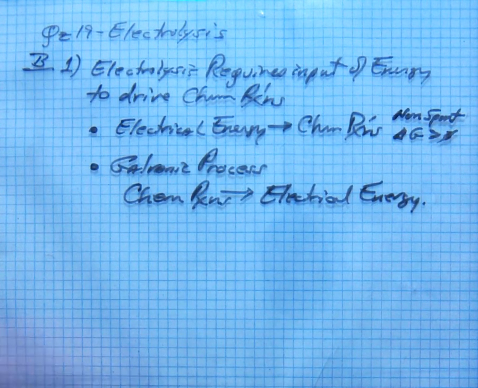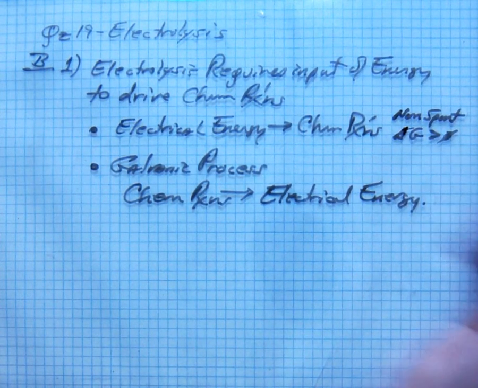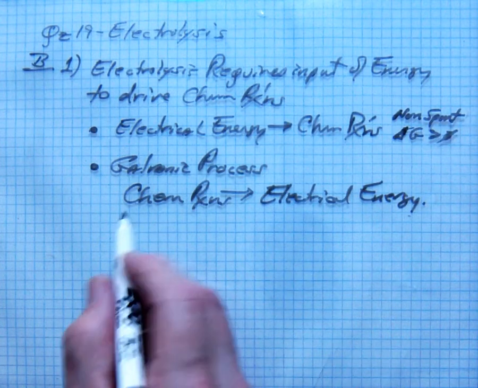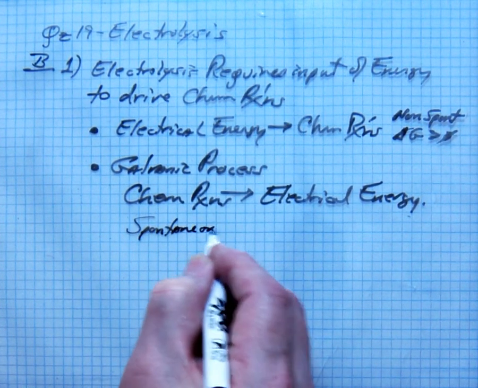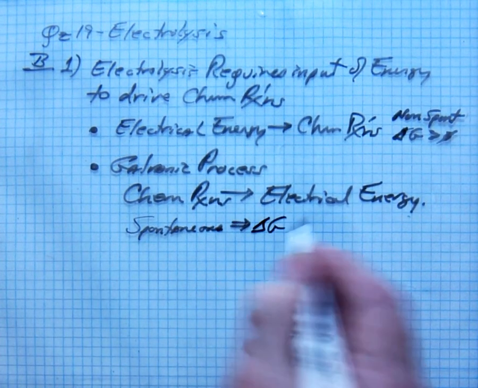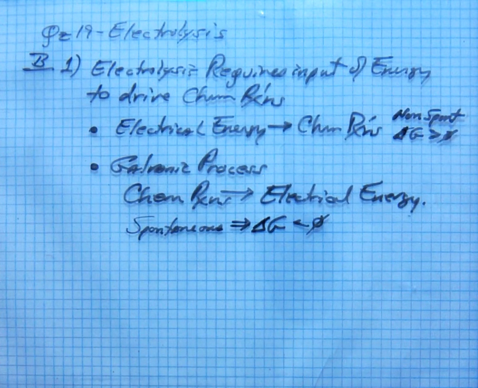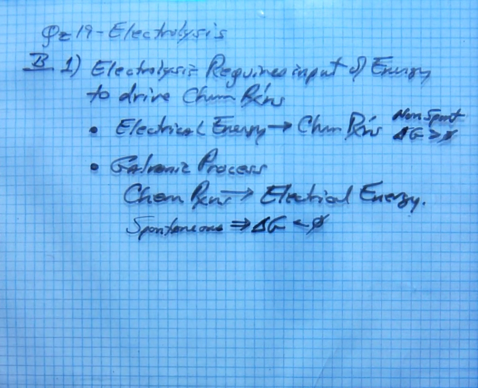So you have to put energy into a system which has a positive delta G. On the other hand, the galvanic process is spontaneous, and this we'll see in our lecture. Delta G will be negative in that case, and we'll show you how to use that to predict standard cell potentials and non-standards. Anyway, okay.